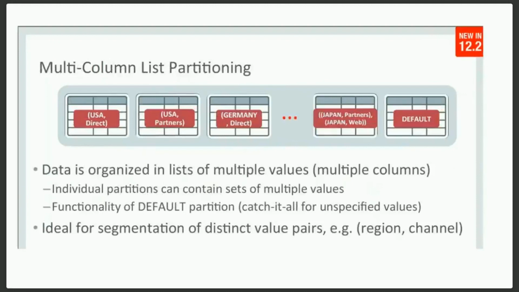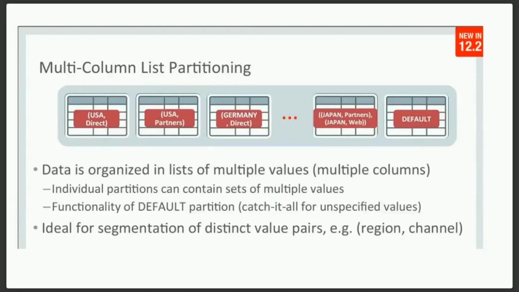Early on, the list partitioning could only be performed on one column, but now with 12.2, we have a concept of multi-column list partitioning, where I can basically organize the data based on a combination of columns. This is the way maybe the application queries data. So we can see earlier we could only partition it based on a region, for example, USA, Germany, and Japan, but now we are also partitioning it based on another column.